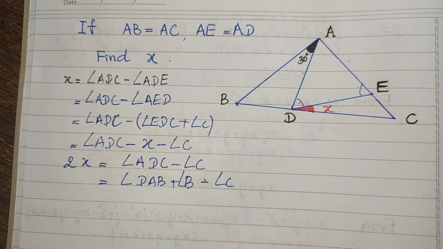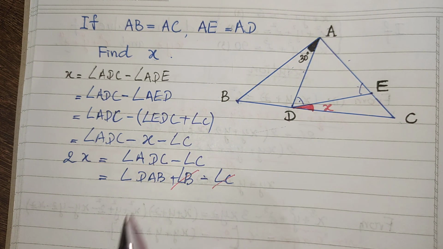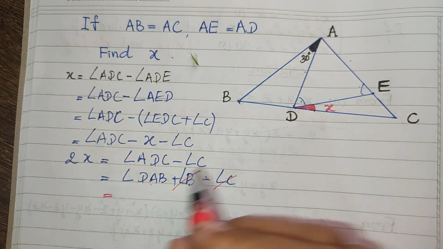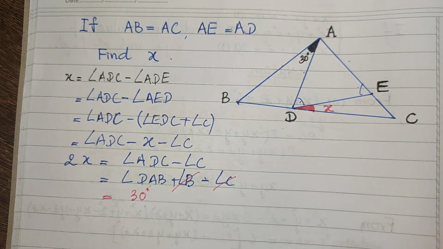So we can cancel these. Okay, so now DAB is equal to 30 degrees.